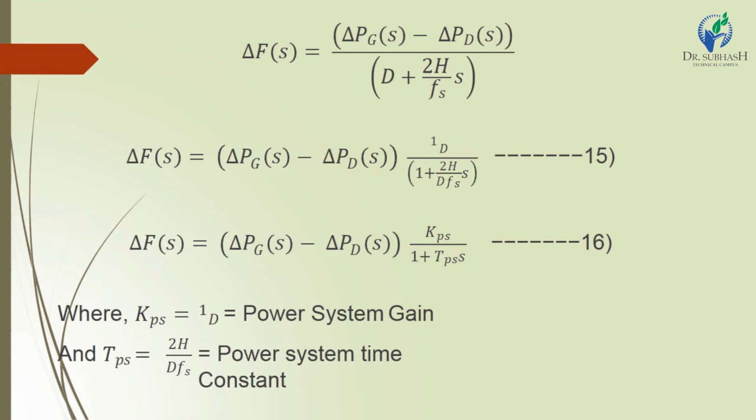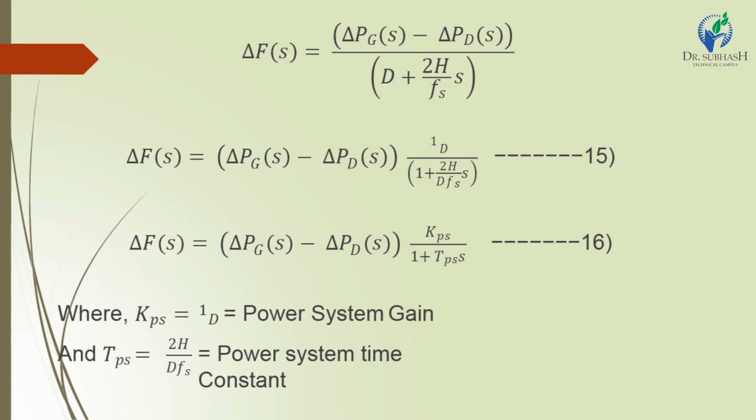So ΔF(s) = [ΔPg(s) − ΔPd(s)] × (1/D) / (1 + 2H/(D fs) s). This is equation number 15.